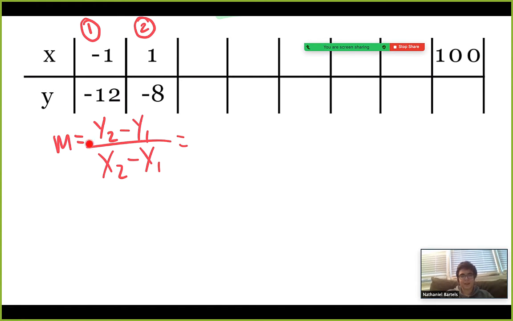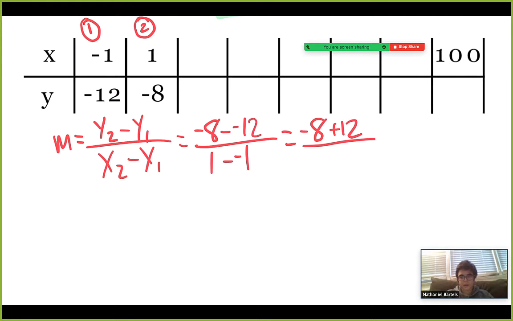But we remember it's going to be y2 minus y1. So it's going to be -8 minus -12, minus negative 12, over 1 minus 1. And if we wanted to simplify this, we could say negative 8 plus 12 over 1 plus 1. Does that make sense?